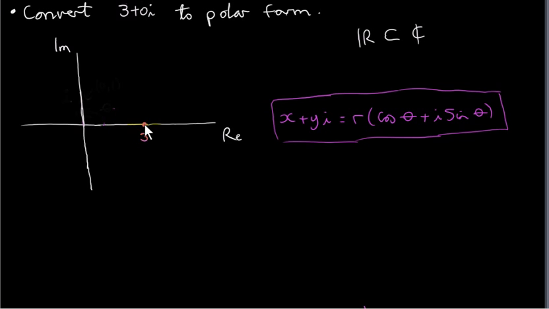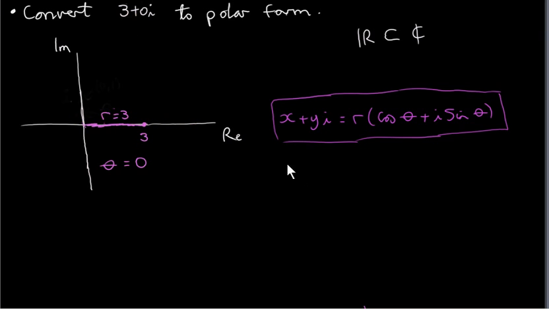So what is r and theta for 3 plus 0i? Well, r is the distance of 3 to the origin. So you can see that r is equal to 3. We don't have to use any Pythagoras here. Now what is theta? Well, theta is an angle measured anti-clockwise from the positive real axis to this line here. And that angle is 0, because this line lies on the positive real axis.